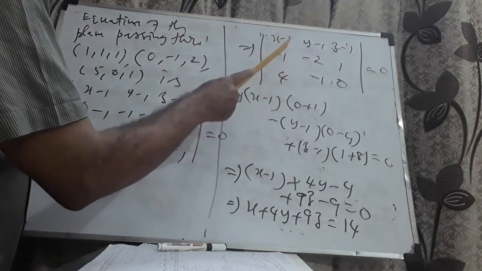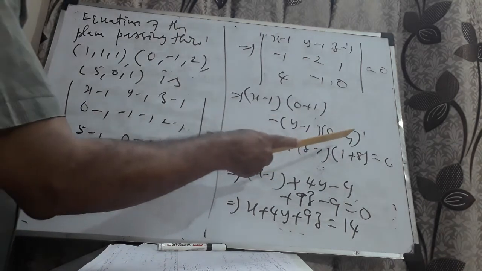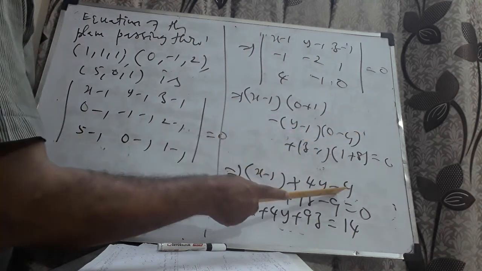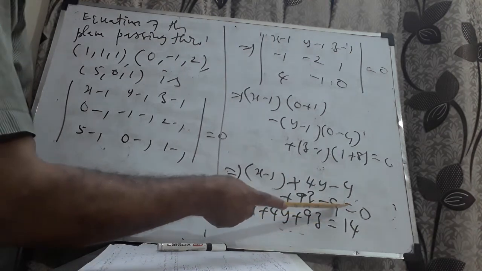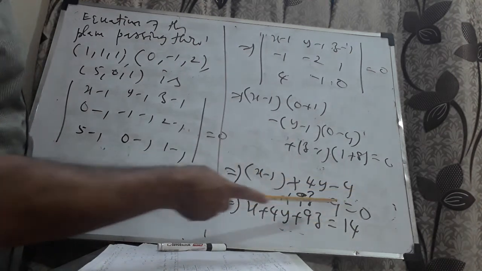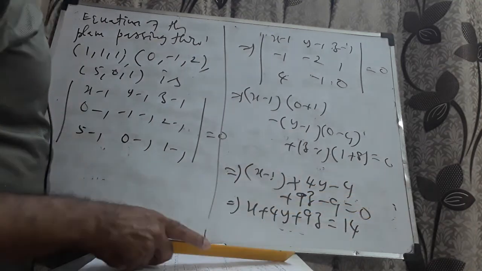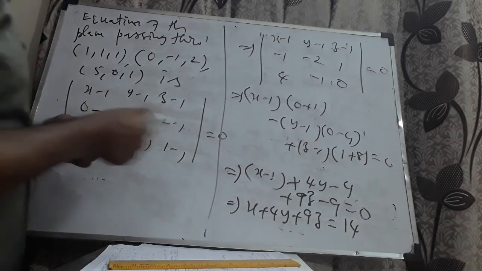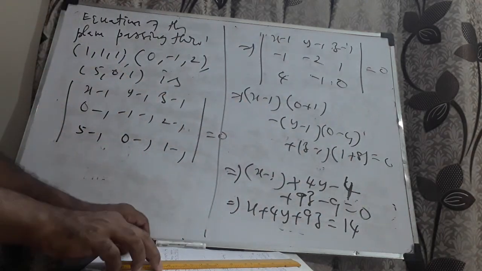Plus z minus 1 into, removing the row and column, 1 plus 8. Now x minus 1 plus 4y minus 4 plus 9z minus 9 gives x plus 4y plus 9z equals 14. Minus 4 minus 9 minus 1 is minus 14, taken to the other side becomes plus 14. This is the way it's being done.